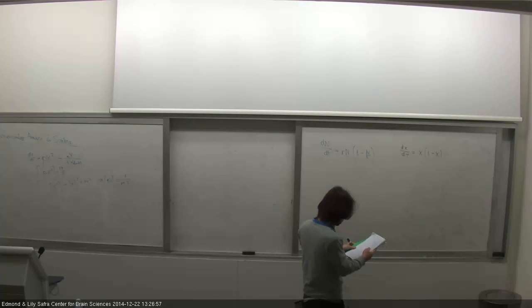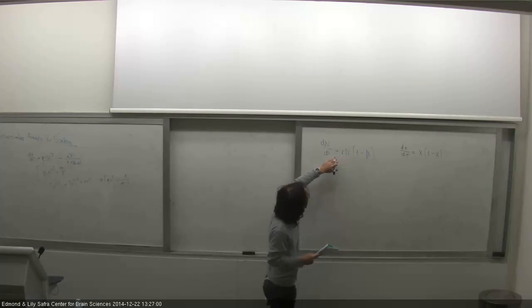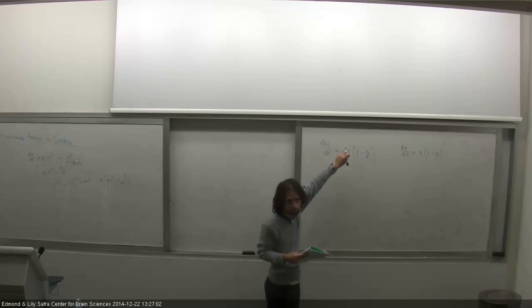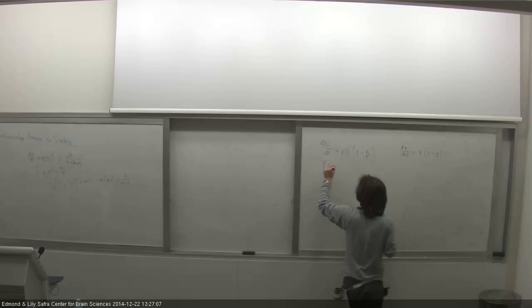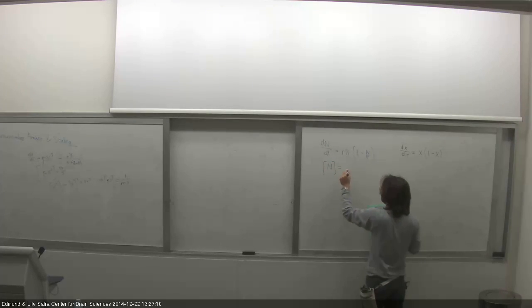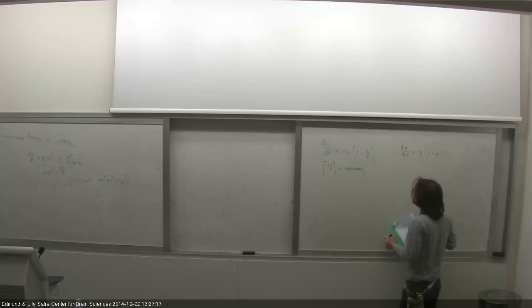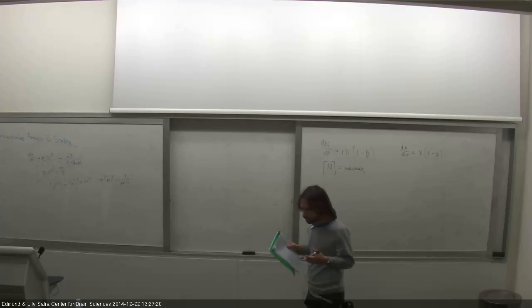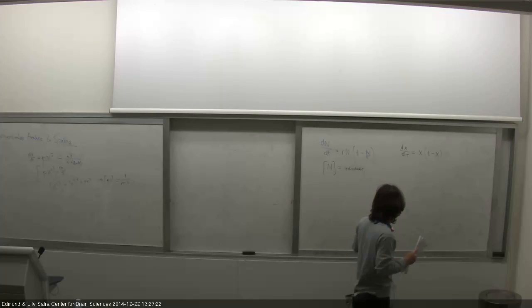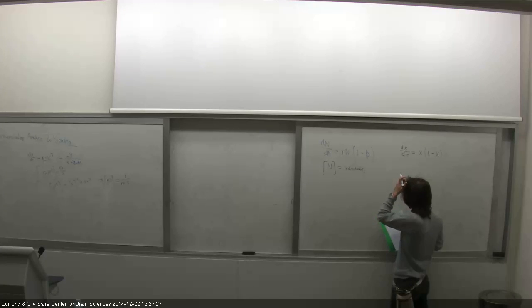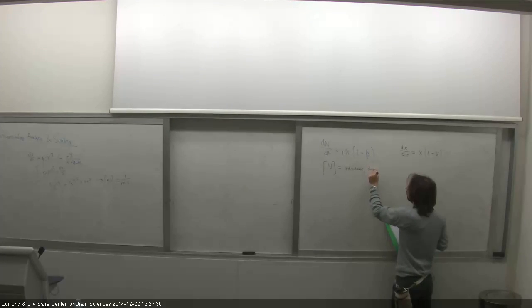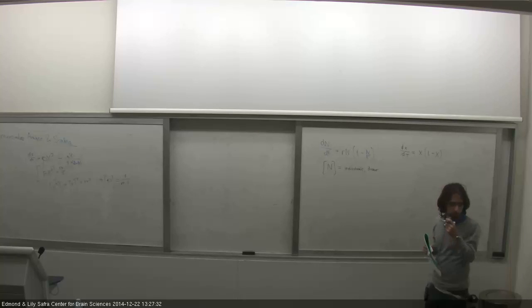The first thing you do is you look at the dimensions of all the variables and parameters here. So n has dimensions of population. So we could measure it in individuals. We can invent all kinds of units for population, like dozens of people, and so on.